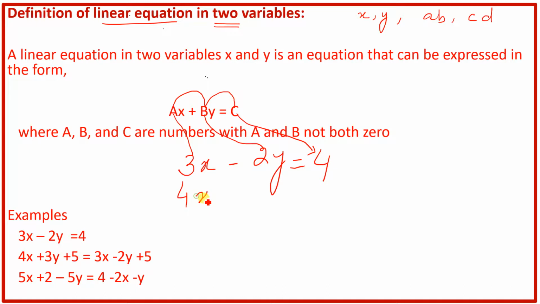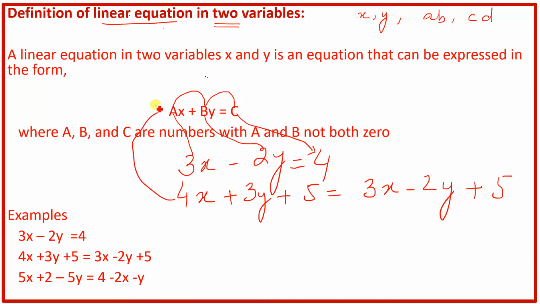This is 4x plus 3y plus 5 equal to 3x minus 2y, and we have solved these kinds of questions earlier as well. If we take the transpose, we will get this example in the form of ax plus by. See how? This is 4x and here is 3x, so we take the transpose.